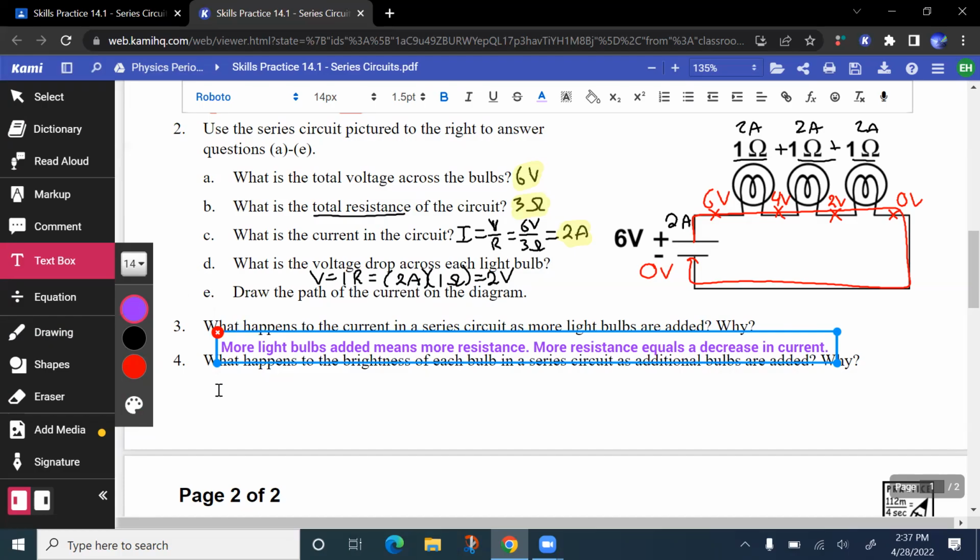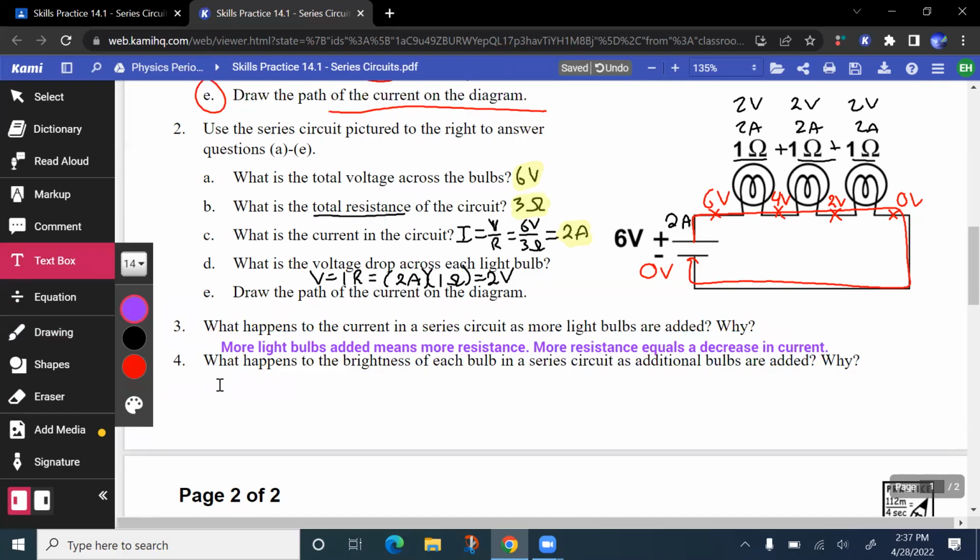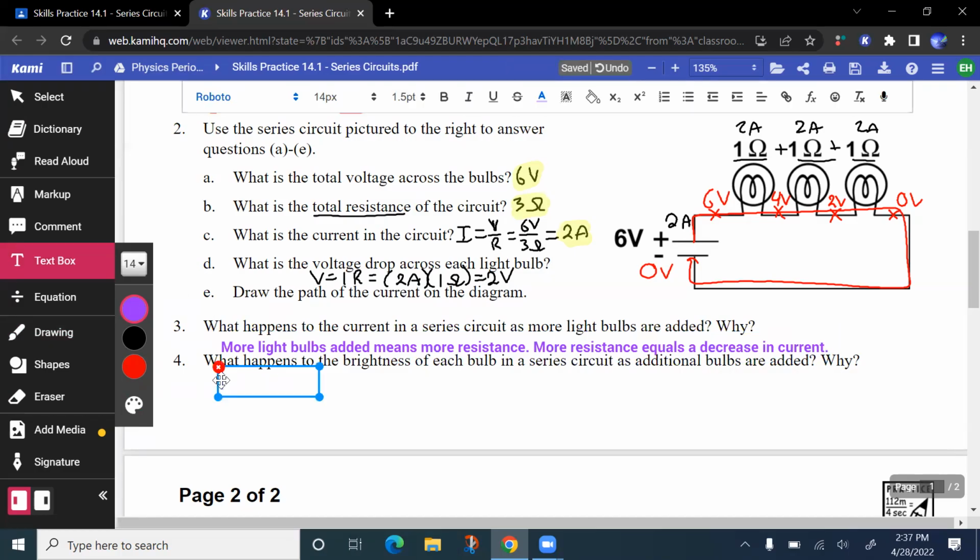What happens to the brightness of each bulb in series as more bulbs are added? Well, bulb brightness relates to the current passing across each bulb.